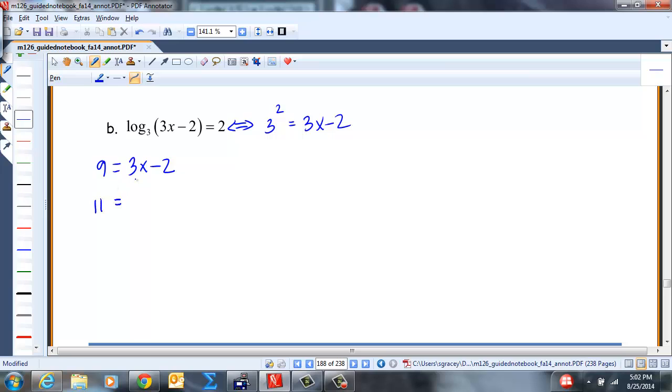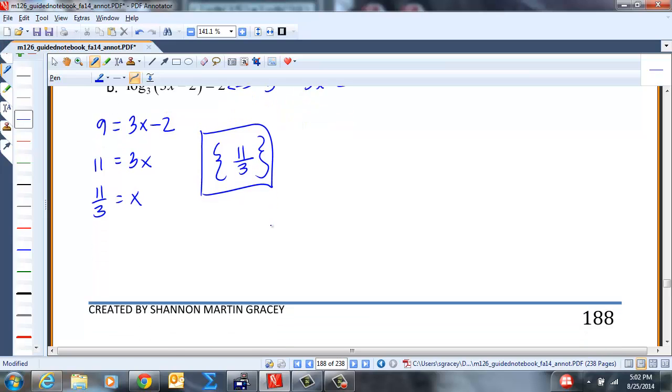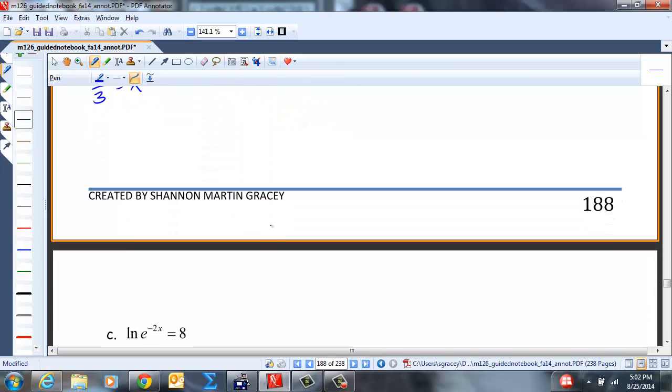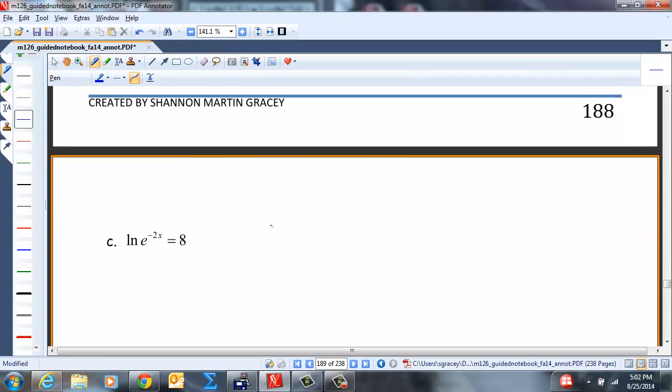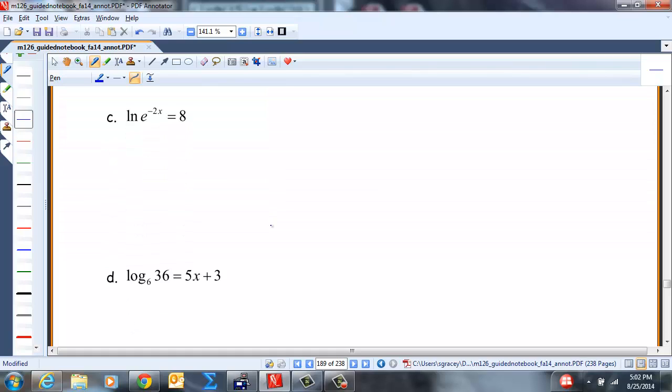Adding 2 to both sides, 11 is 3x, and dividing both sides by 3, we'll get 11 thirds is x. And so that is our solution, 11 thirds. Actually, I'll teach you how to check things like this in the next lesson, most likely.